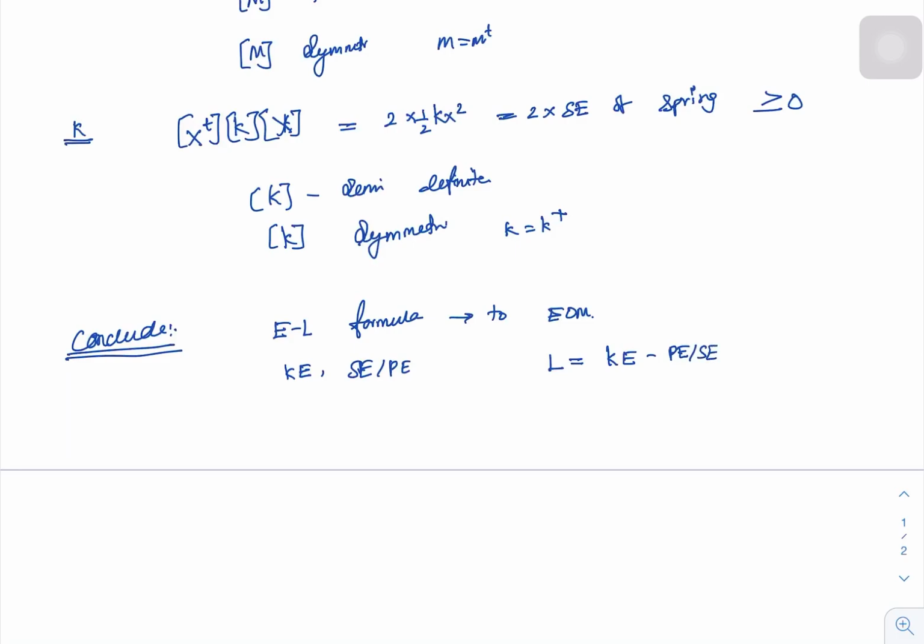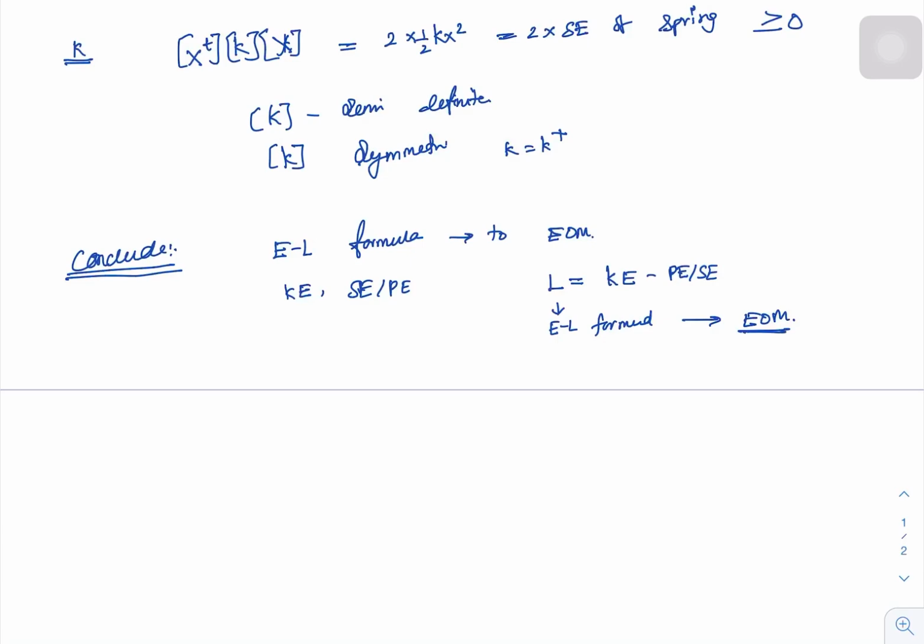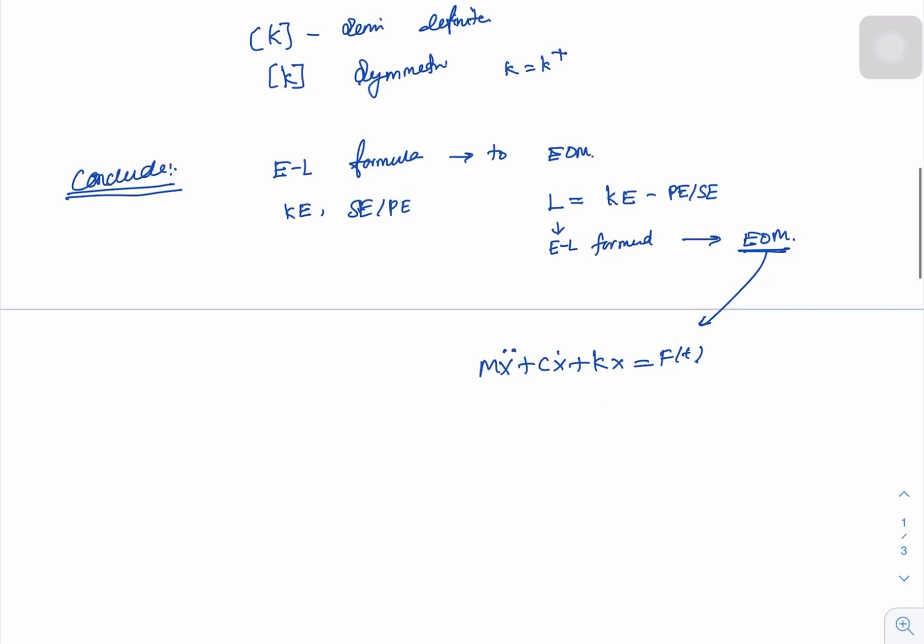Then we apply the Euler-Lagrange formula to get the equations of motion, m x double dot plus c x dot plus k x equal to f of t. Then matrix M will always be symmetric, and matrix K will always be symmetric. This is the rule of thumb you should never forget.